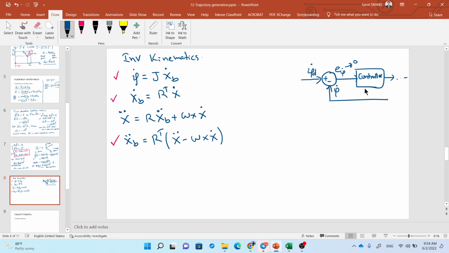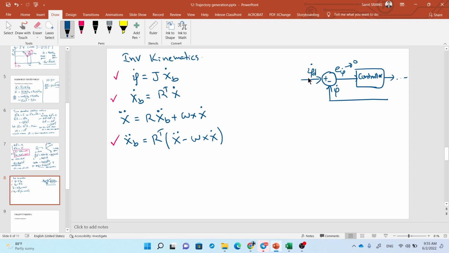But at the same time, for some control architecture, they not only need velocity information, but also acceleration.